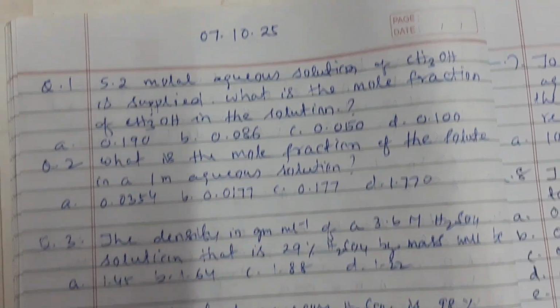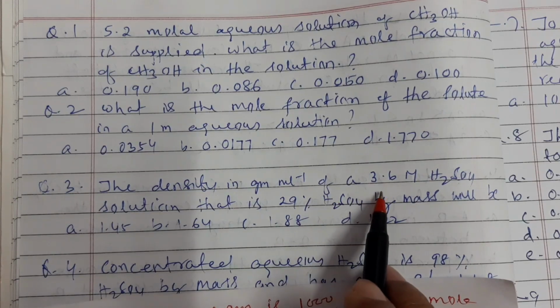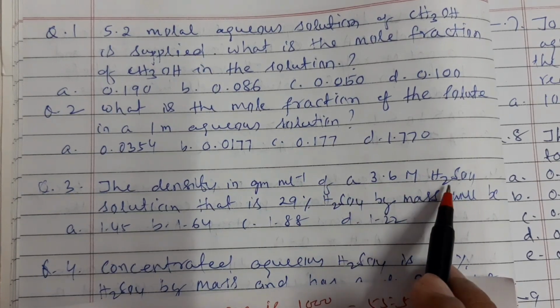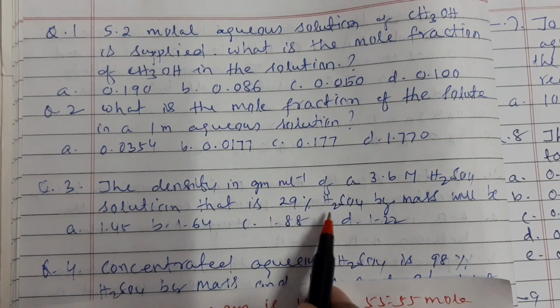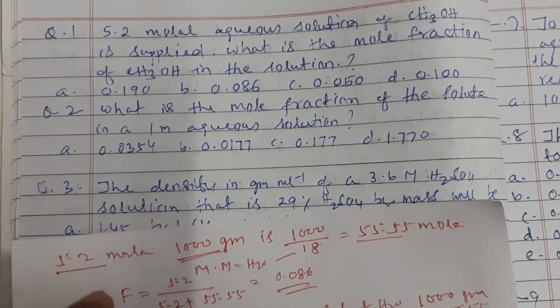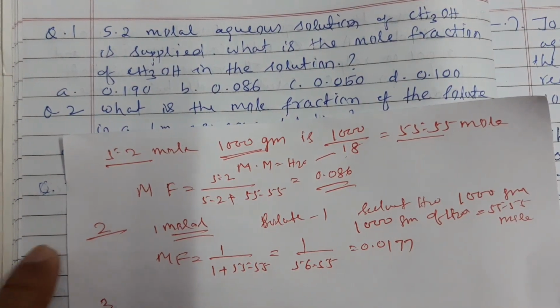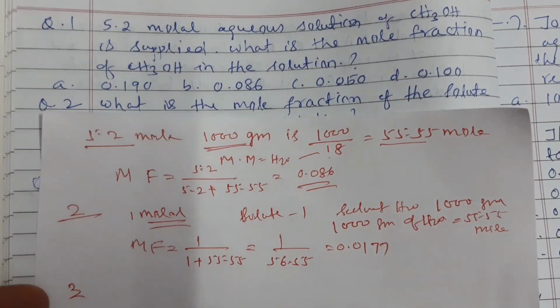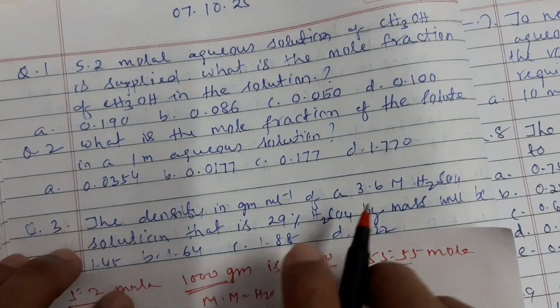Next, the density in grams per milliliter of a 3.6 molar sulfuric acid solution that is 29% sulfuric acid by mass will be what? The density is asked. So how to do question number 3? Molarity 3.6 is given.